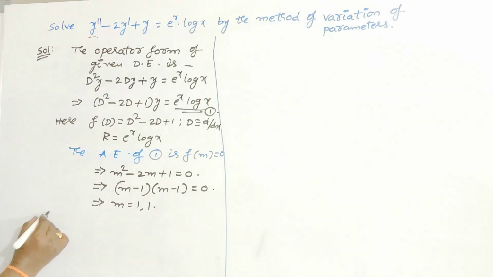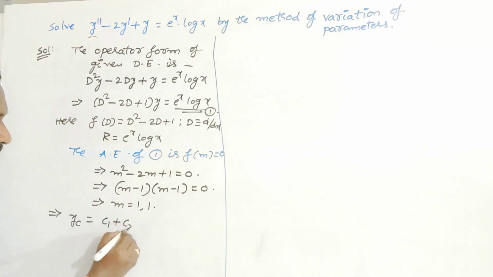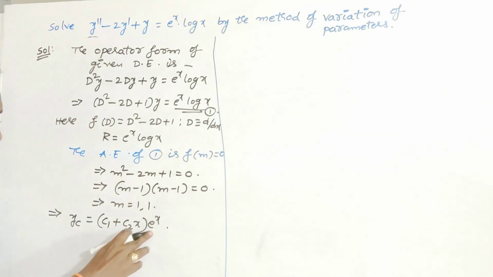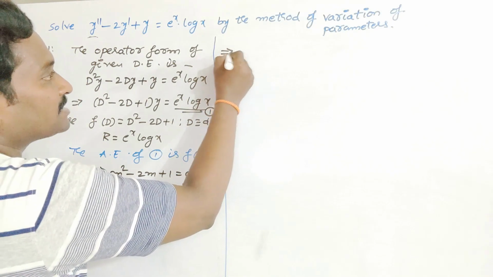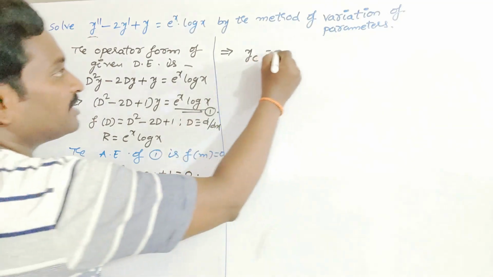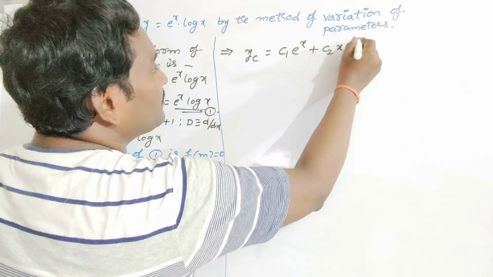In this case, how can we write yc? The complementary function of the given equation is c1 plus c2x whole into e power x, that is, e power this root into x. This can be written as yc is equal to, separating the terms, c1 into e power x plus c2 into x into e power x.